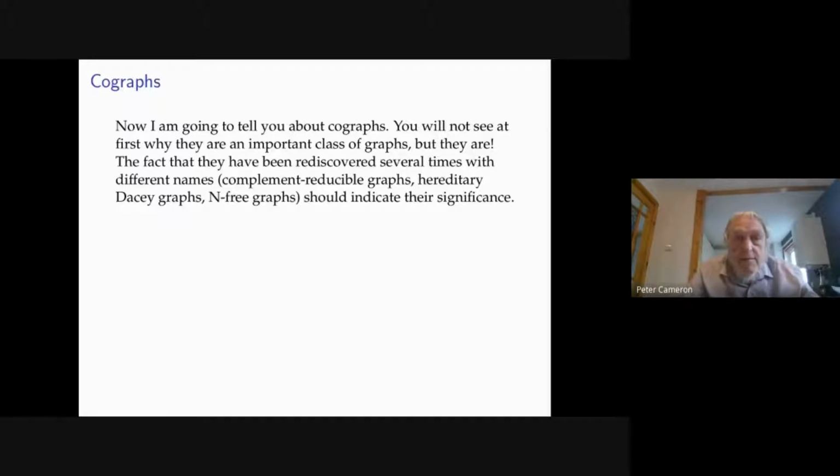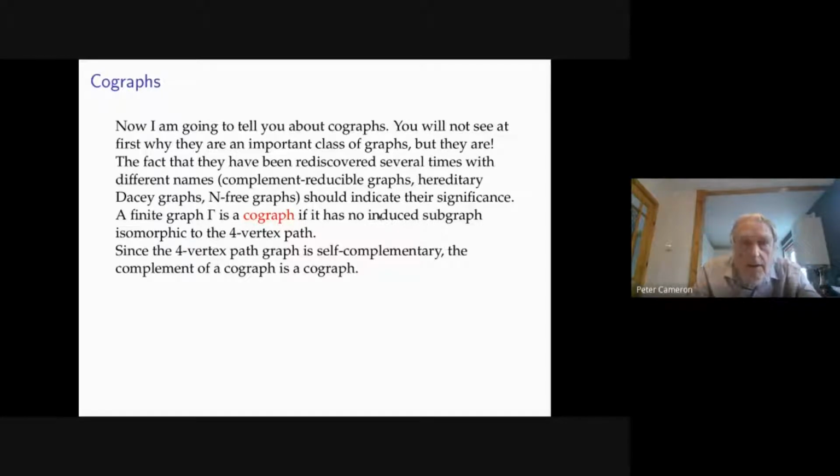They've arisen at various times and been rediscovered, and so they have various different names, some of which I wrote here: complement reducible graphs, hereditary Dacey graphs, N-free graphs. But they're a very beautiful class of graphs, and they have important links to the kinds of problems that we're talking about, which is the subject that I'm going to be talking about today.